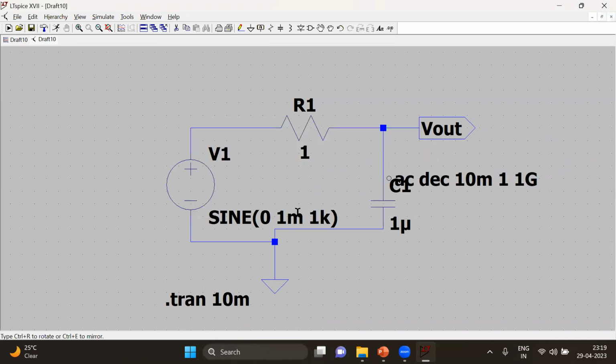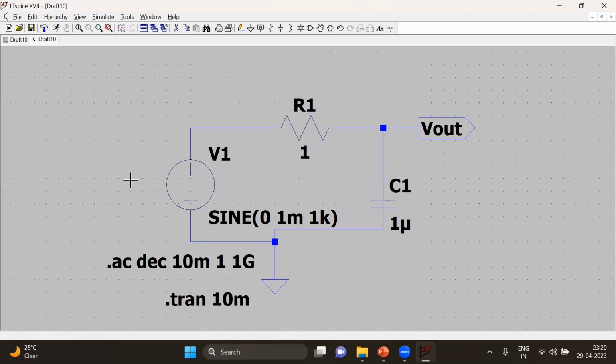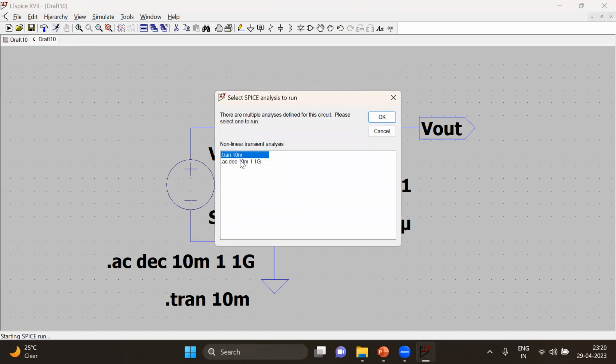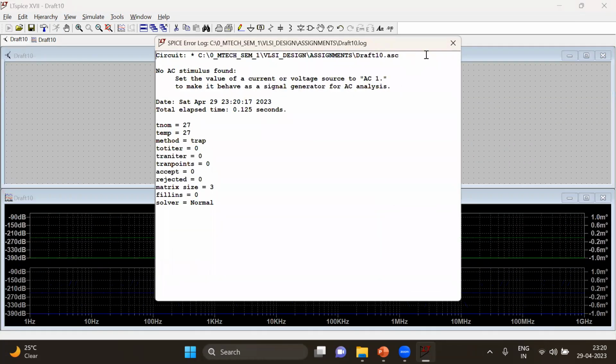Now with this you can have the frequency response of the circuit. So now run this circuit and select this second command which we have typed, dot AC DEC 10 millivolt 1G. So it will plot the frequency response of the circuit.